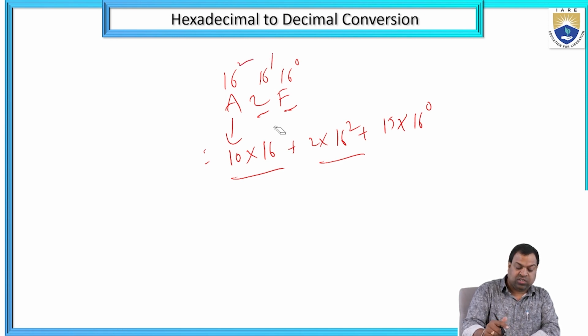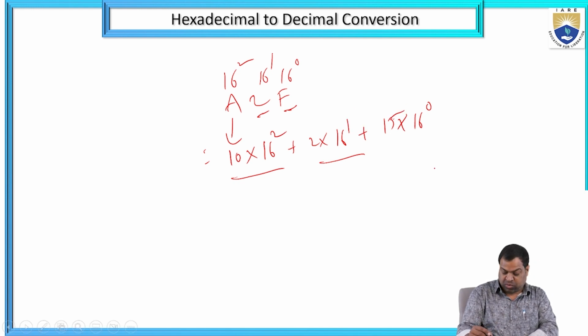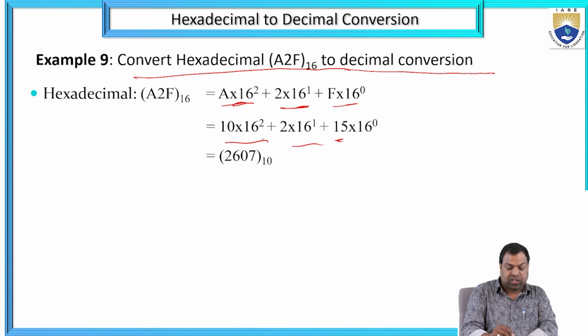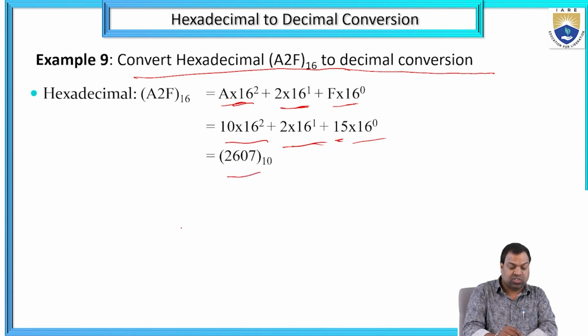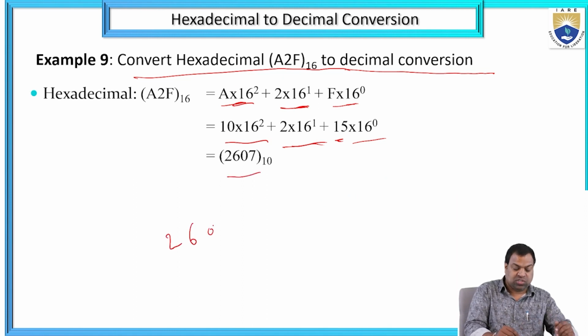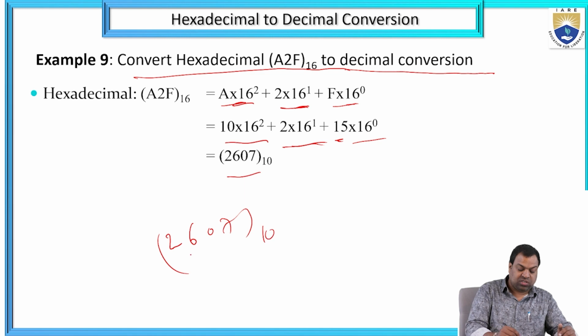A means 10, 2, and F equals 15. So 10 into 16 square plus 2 into 16 power 1 plus 15 into 16 power 0. Here the result is 2607. So 2607 base 10 for A2F.